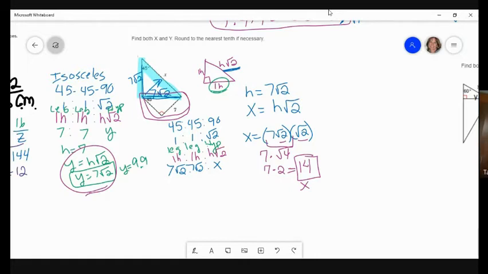Doing it by the Pythagorean theorem is really long, where we could just plug it into those ratios. And the reason I write out the ratios with the 1 square root 2 is because my pre-AP kids sometimes like those better. It just depends on how people want to approach the problems.